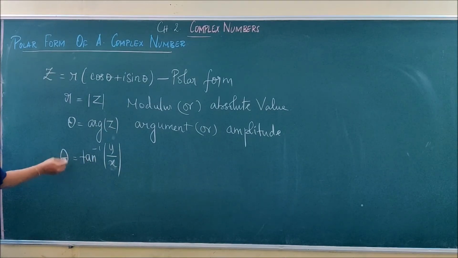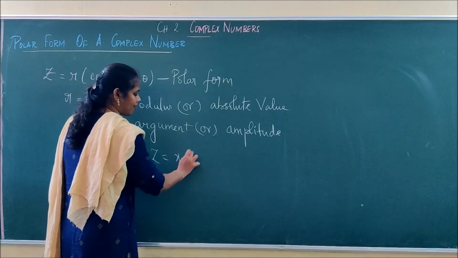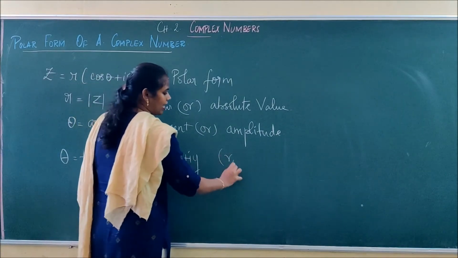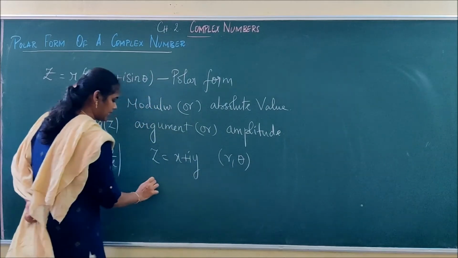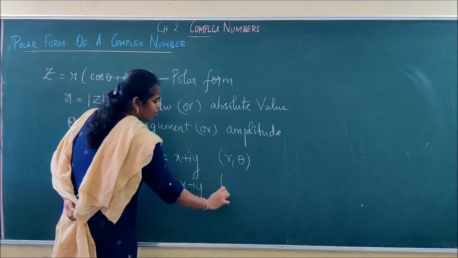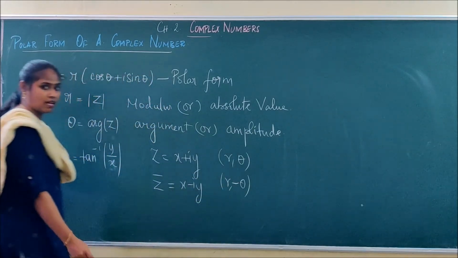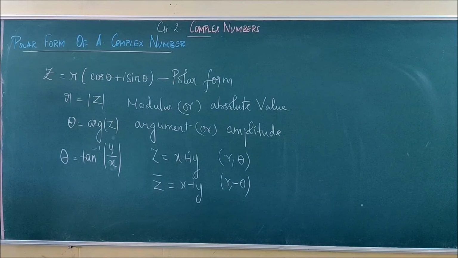And how we get this formula: see, z is equal to x plus iy with the coordinate r comma theta, and the conjugate z bar is nothing but x minus iy with the coordinate r comma minus theta, since r is modulus, we cannot take the negative of that.